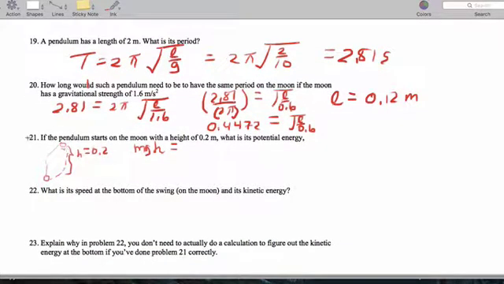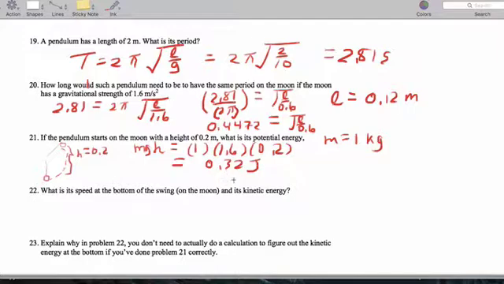I did it again. So 21 and 23, and we'll skip. But I'm going to give you a bit of practice with this. Let's use m as 1 kilogram. So we're going to have 1 times 1.6 times a height of 0.2. And when we do that, we're going to actually get 0.32 joules.